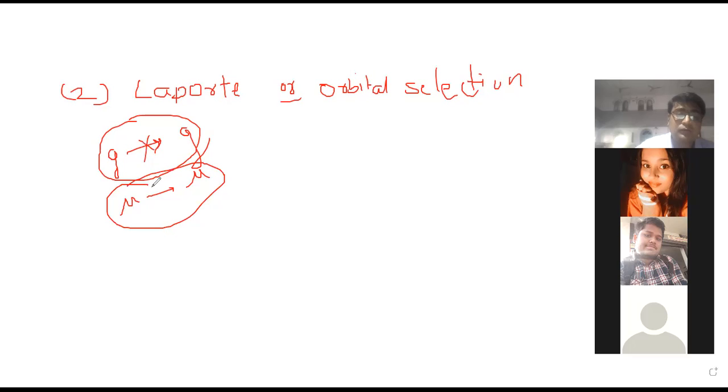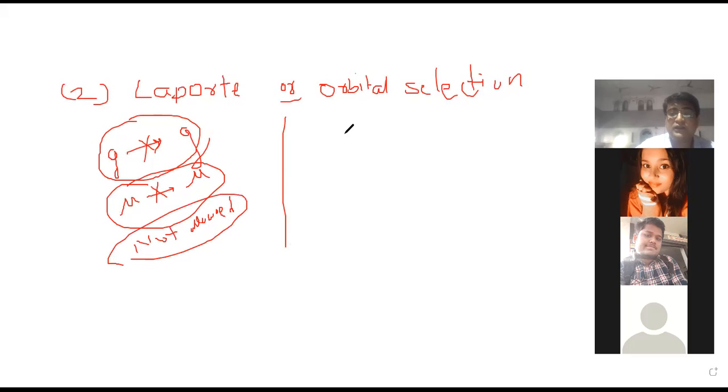So these are not allowed transitions, they are forbidden. Whereas an electronic transition between states of different parity is an allowed transition. Different parity or different symmetry means if it is gerade then it becomes ungerade, or if it is ungerade then it becomes gerade.